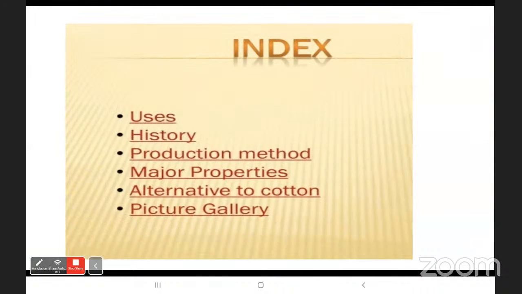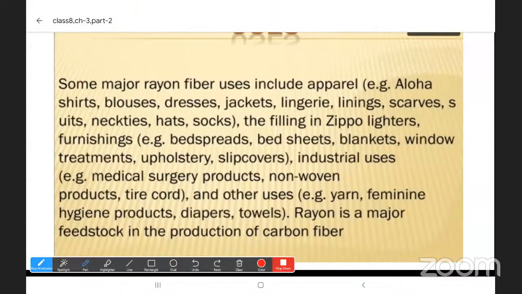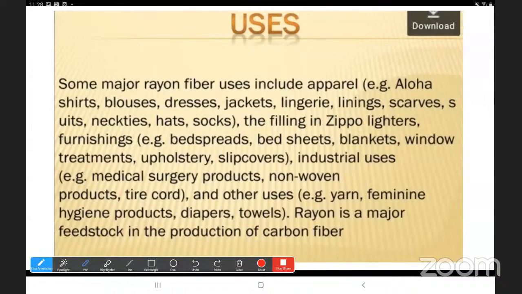Here, the uses and history, the production method, major properties, and alternative to cotton and picture gallery we are going to see now. So here the uses of this rayon. Some major rayon fiber uses include apparel, for example aloha shirts, blouses, dresses, jackets, lingerie and linings, scarves, suits, neckties, hats, socks.